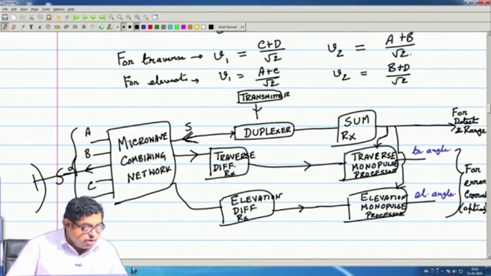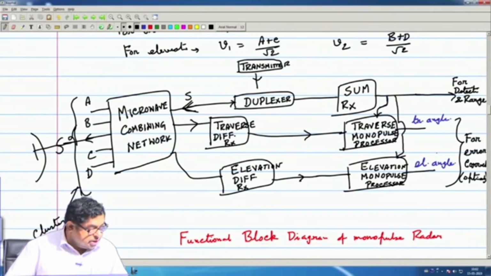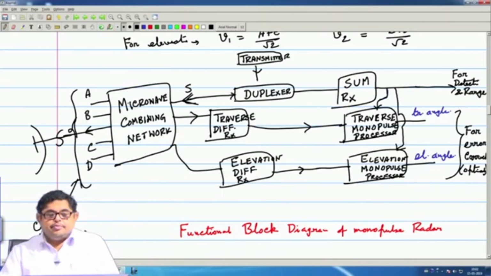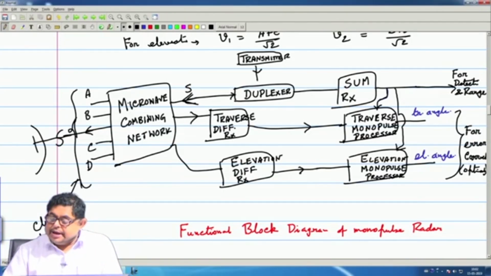Still, you see we have got traverse and another angle, but the actual quantities are elevation and azimuth. So, what is done?